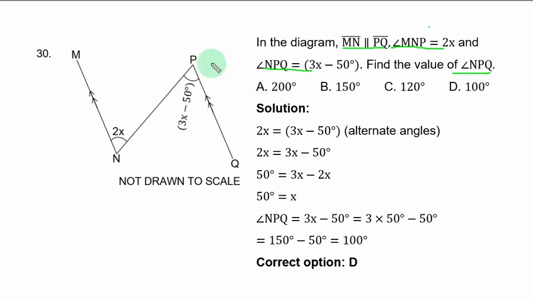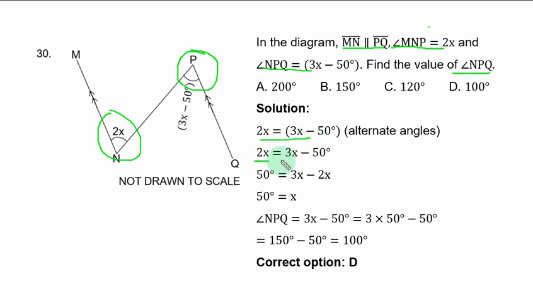That is this angle. To get this angle, the value of s is first needed. That angle and this angle, they are equal. That is alternate angles. So you have 2s equal to 3s minus 50 degrees.